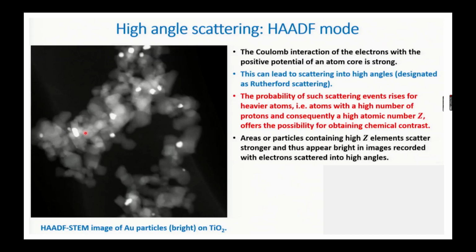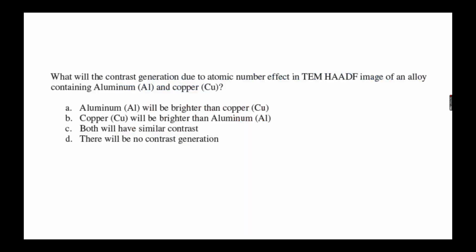So here the element which has a higher atomic number will scatter strongly and will appear brighter. So which is the higher atomic number? The copper is the higher atomic number. Okay, so that will scatter more and will appear brighter. But due to the lower atomic number of the aluminum, the scattering will be less and it will appear darker.